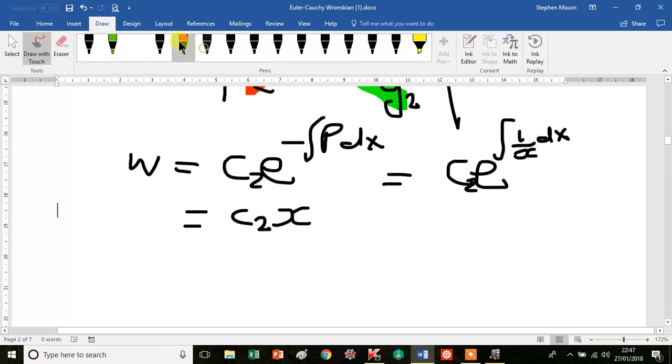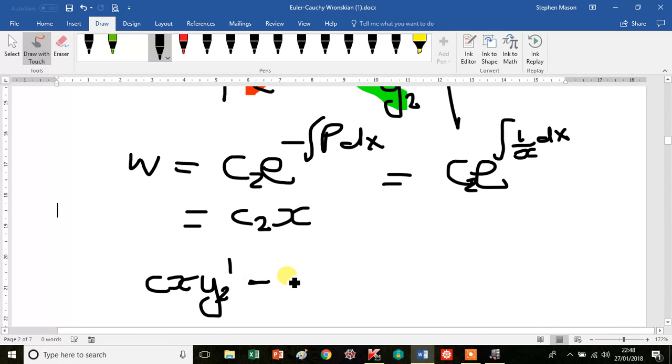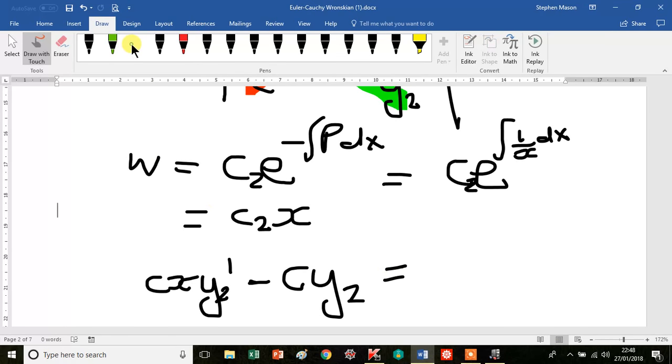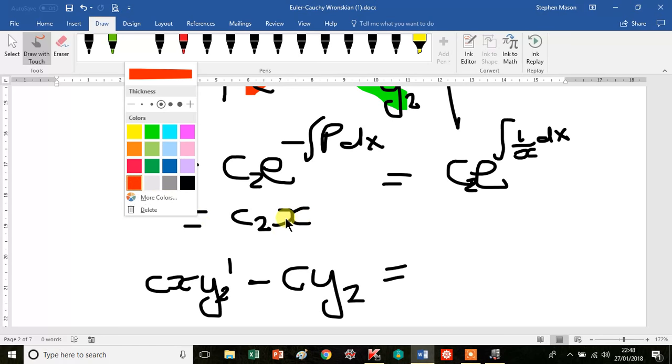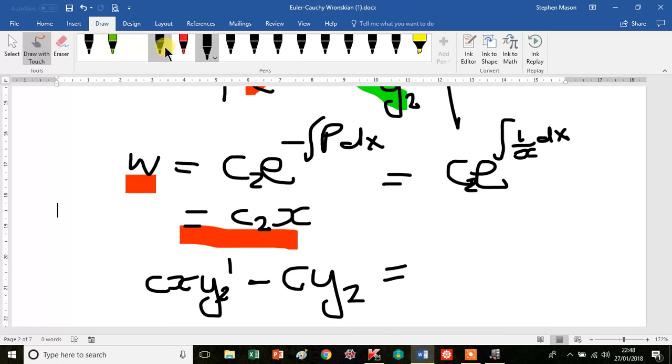So we have here Cx times y2 prime minus cy2, and we know that the Wronskian is also equal to this c2x.